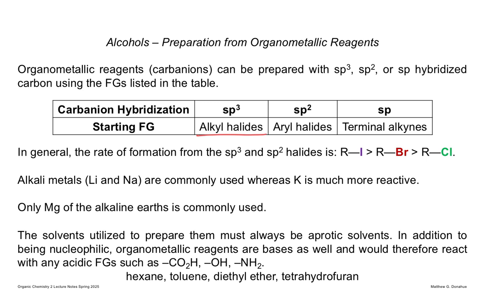If we want sp2 hybridization, this is an aryl, so that word means aromatic. Or if we want sp, we have to start with a terminal alkyne. That means one of the sp carbons of the alkyne has an H bonded to it.